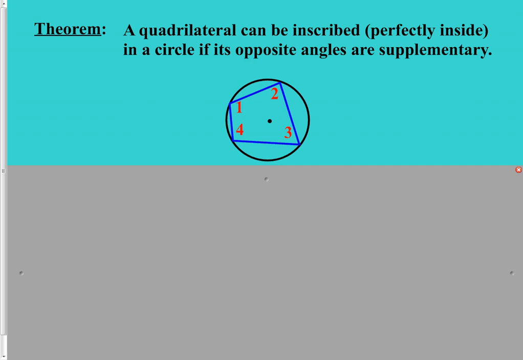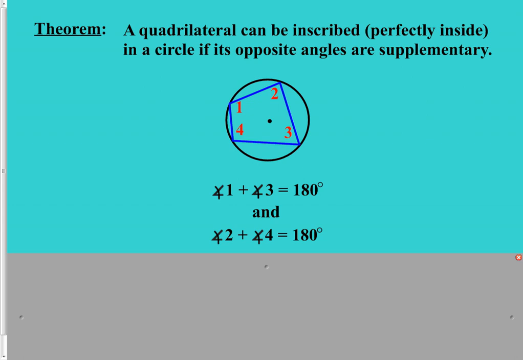Now you just have to trust me for the time being that this theorem says angles 1 and 3, which are opposite of each other, must be supplementary. So angle 1 plus angle 3 adds together to equal 180 degrees. And same thing for angle 2 and angle 4, that they must add together to be 180 degrees.